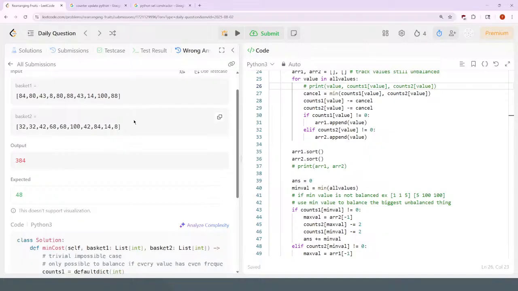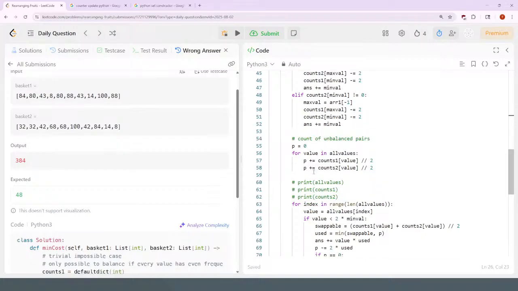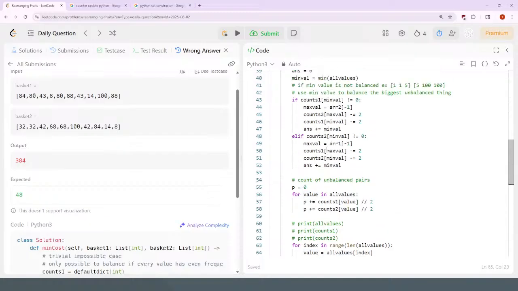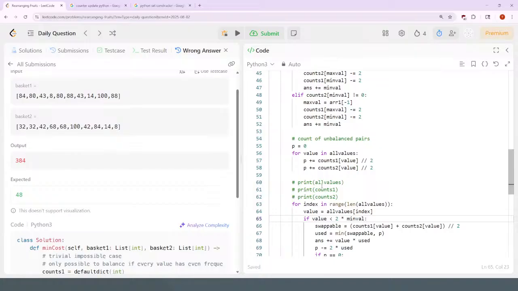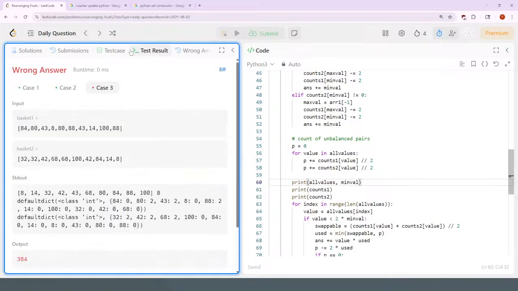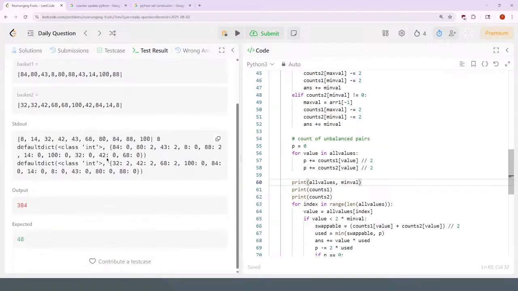So it seems like I should be using 8 as the balancing value here, if the value is less than 2 times the min value. What is the min value? Did I add that to my test case? Yeah, I did. Min value is 8, sure.